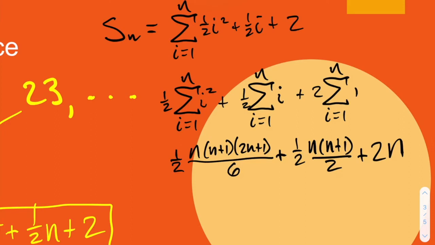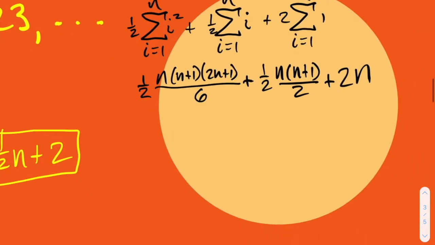And let's clean this up a little bit. So now we have an n as a common factor in each one, so we can pull out n. And we're noticing too that our greatest common denominator is 12, because 2 times 6 is 12. So that leaves inside parentheses n plus 1 times 2n plus 1.